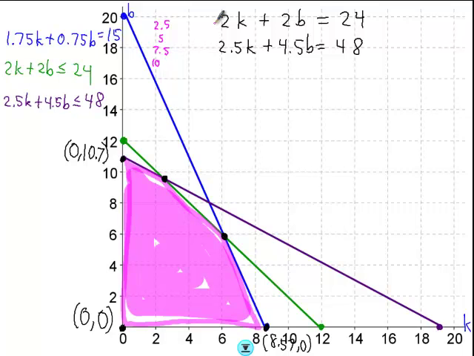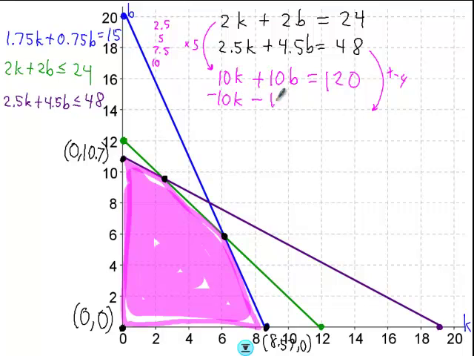So I'm going to multiply the top equation, everything, times 5. That's going to be 10k plus 10b equals 120. All right, and then to match it, I'm going to multiply everything in the bottom by negative 4. So I get negative 10k minus 18b equals negative 192.